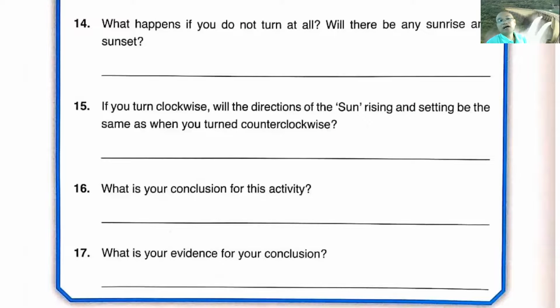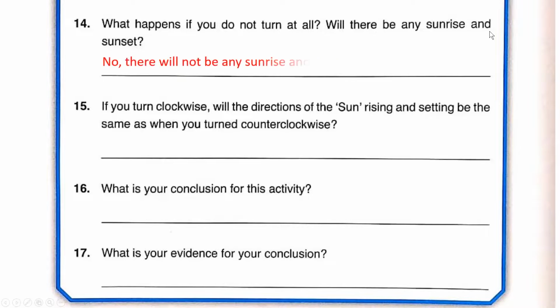Okay? And number 14, what happens if you do not turn at all? Will there be any sunrise and sunset? What do you think? Of course, no. There will not be any sunrise nor sunset. Number 15.